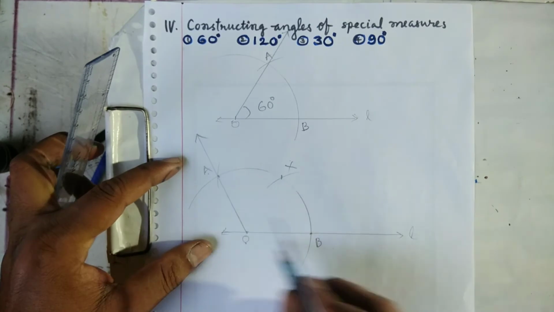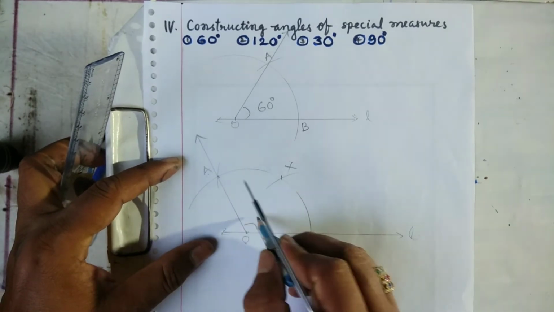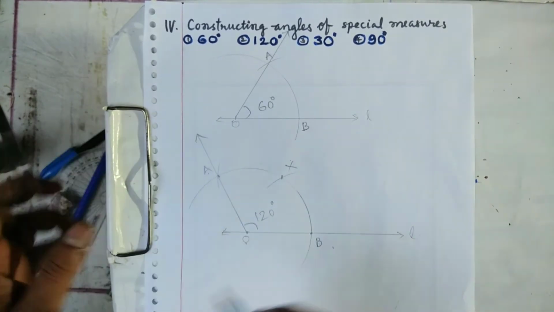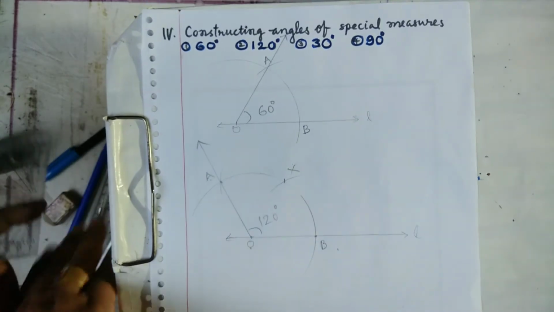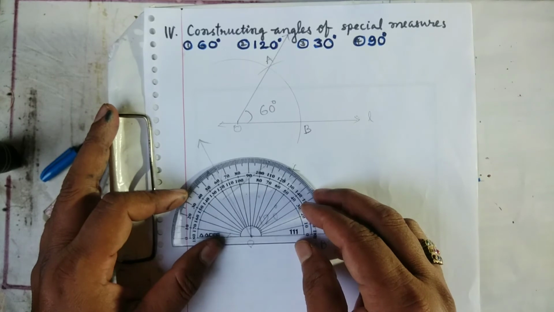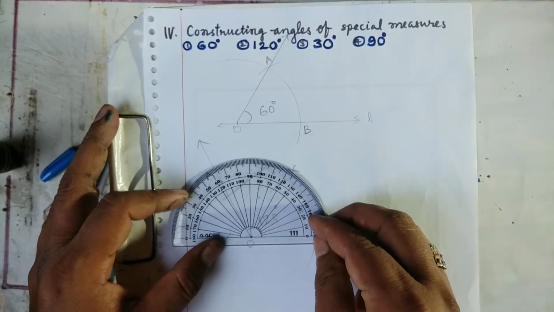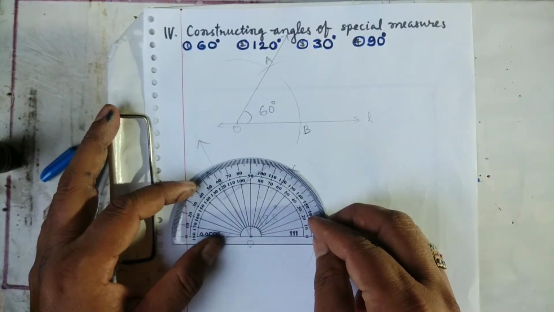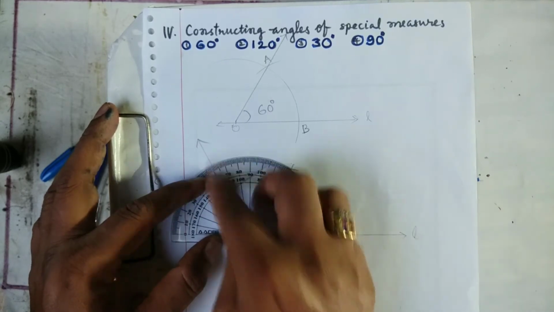This AOB gives 120 degrees. If there is any doubt, we can measure it. 120 degrees.